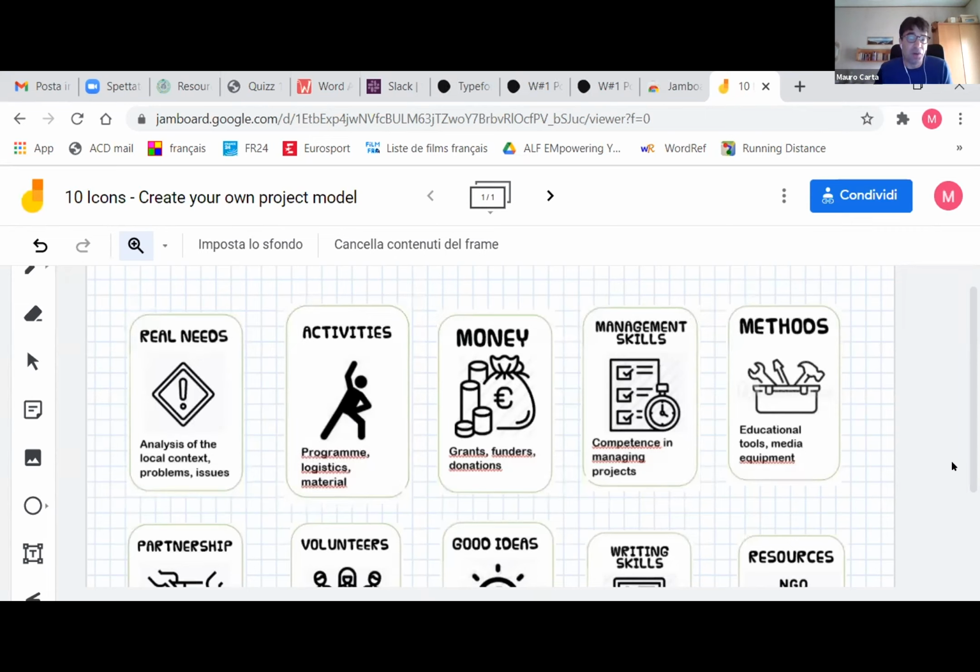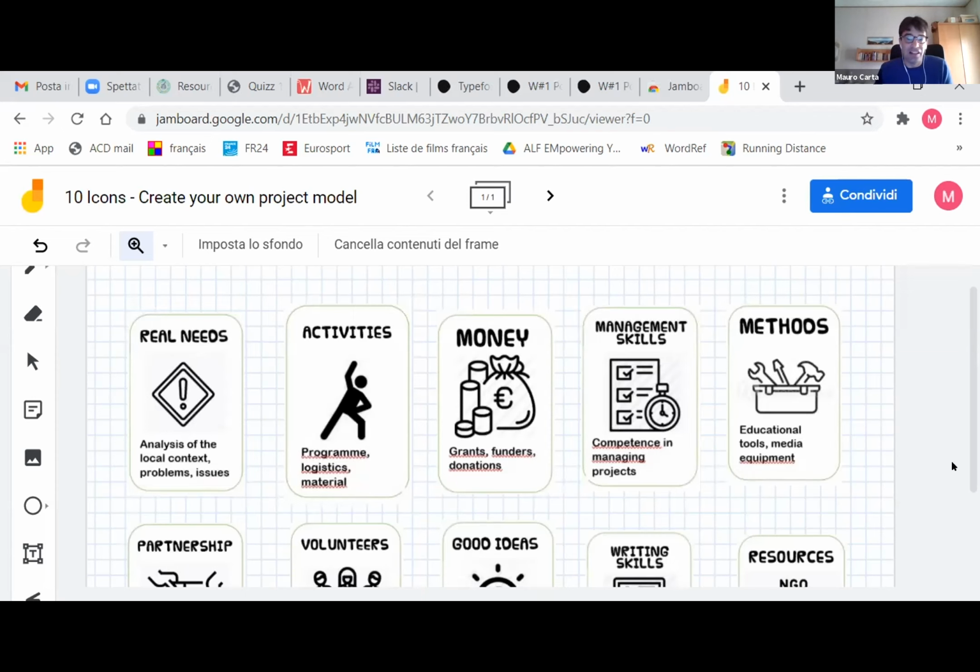And when we talk about activities, we are referring also to the logistic dimension. So for example, regarding a training in presence, the logistic dimension refers to the travel, insurance, and so on.